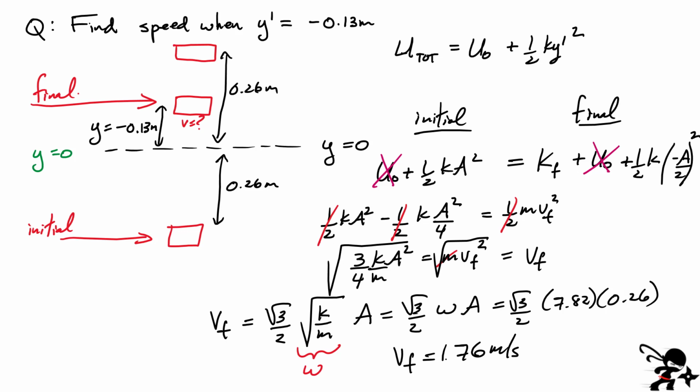This is a really important point. When you include the total potential, as long as you redefine the new equilibrium position as the zero, the only term you really need to include for the potential energy is this one. So you treat it exactly the same as the horizontal spring. There is no difference.